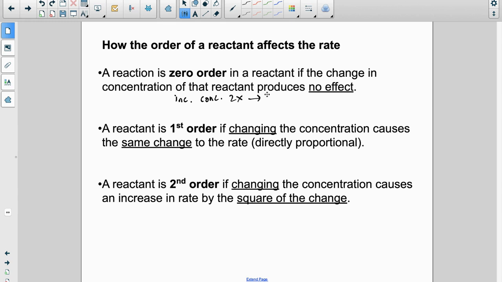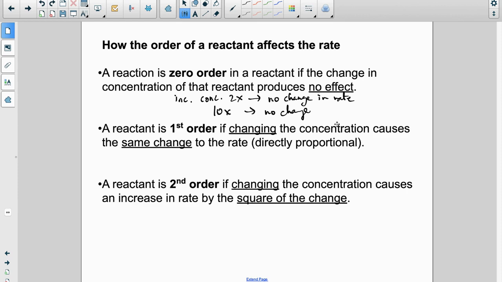Well, guess what? No change. You increase the concentration 10 times. No change. The reaction just does not relate to the concentration of the reactant at all. It is not affected by how much of the reactant is present. You'll have the same rate no matter what.